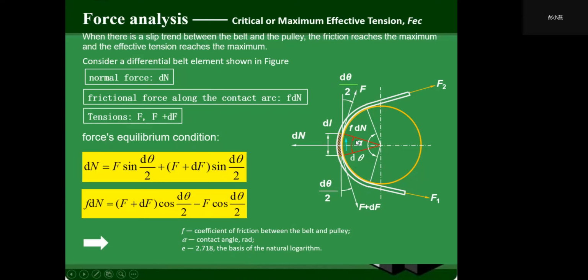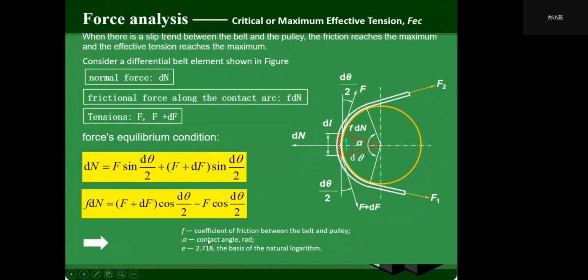The frictional force, whose direction is vertical up, is equal to the vertical component of this tension minus the vertical component of that tension: f dN is equal to F plus dF times cosine half of d theta minus F times cosine half of d theta.